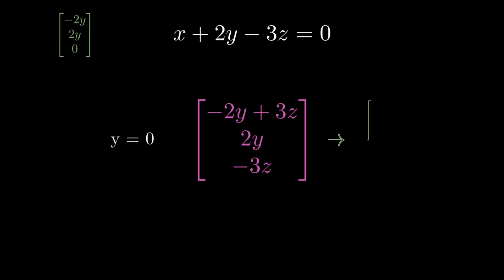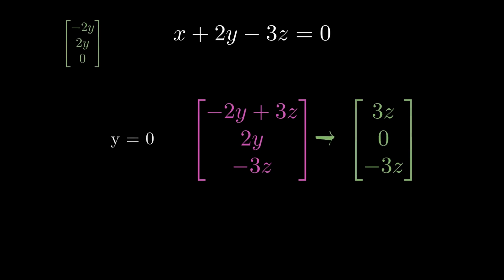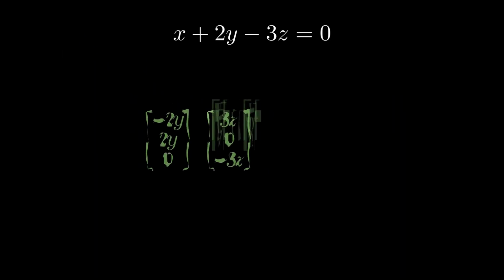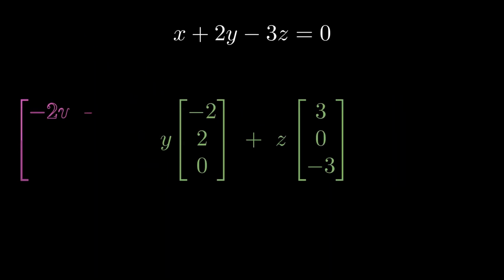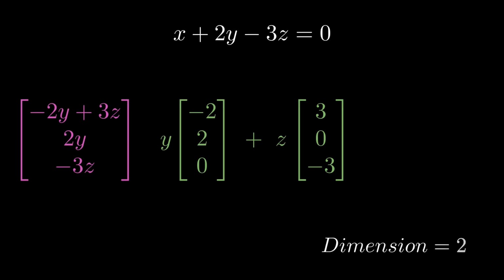This gives 3z, 0, z. And now factor the y and z out and we get this. So these are the basis vectors with dimension being 2 because the number of vectors in this basis is 2. Notice how we can have infinite bases just for the same plane. And we just have to choose different values for y and z here.